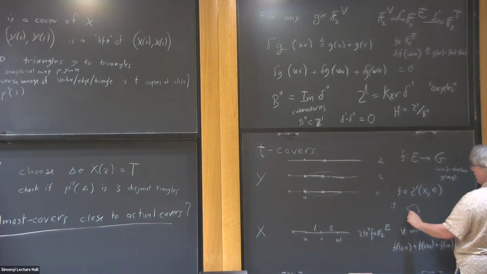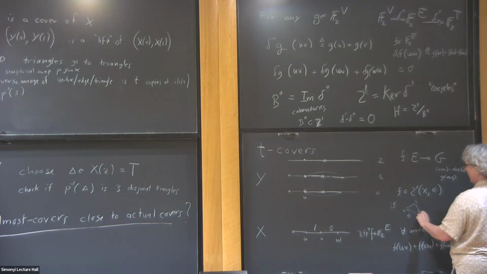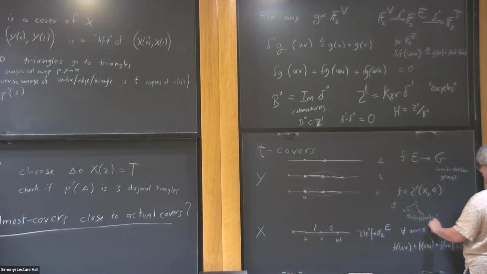So I do F of, I guess this is UVW, so F of WU, circle F of VW, circle F of UV needs to be the identity. So I'm basically saying when I follow the permutation around the triangle, I get back the identity permutation.